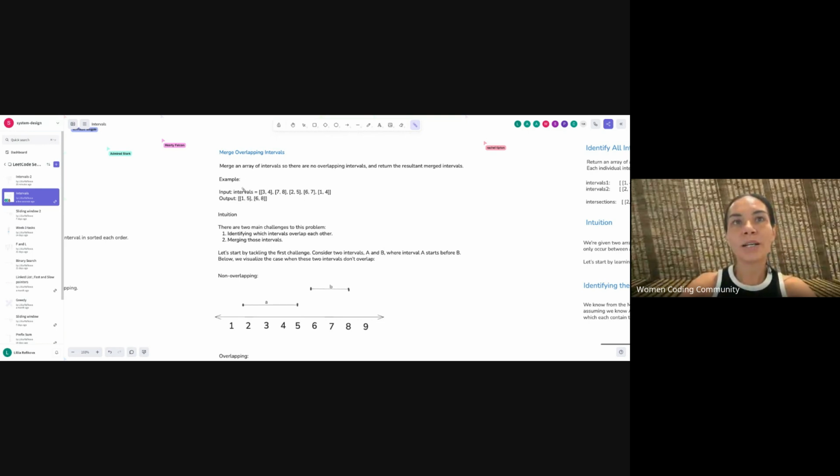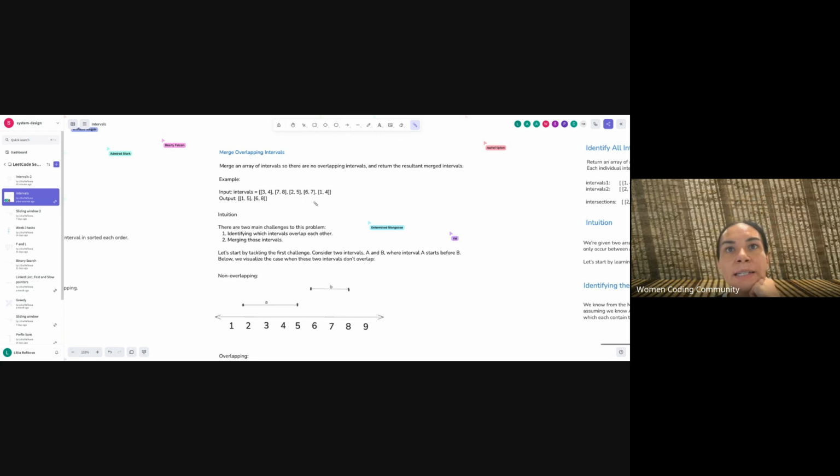As input data, we have a list of intervals, and we need to return the merged intervals, so that there are no overlapping intervals. We need to figure out whether there are overlapping intervals, and if there are, then we merge them.